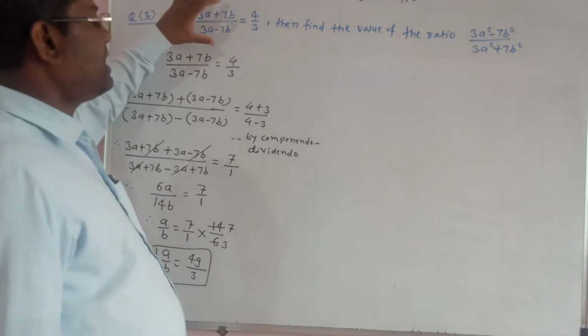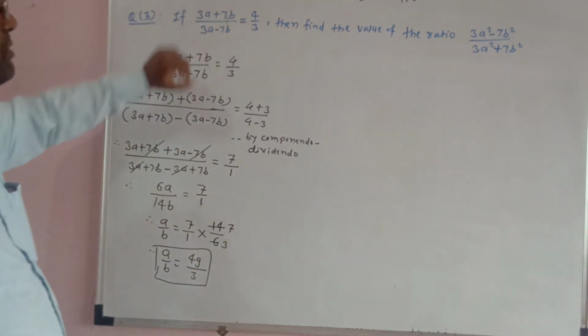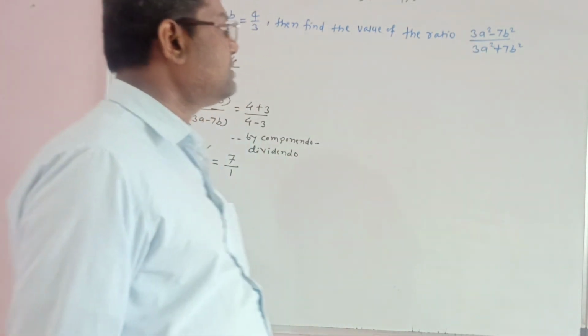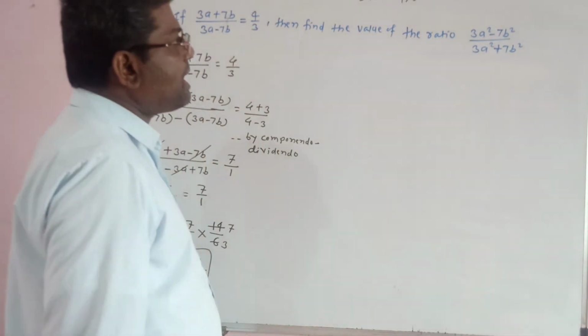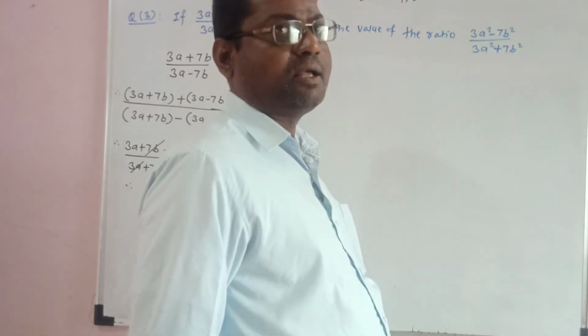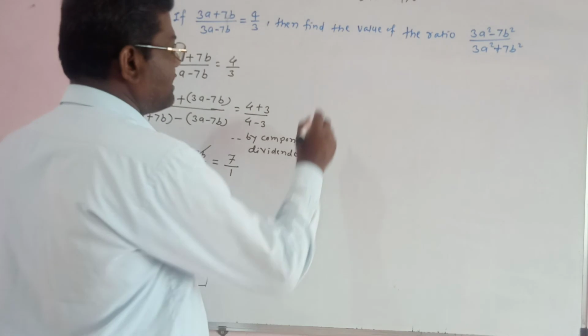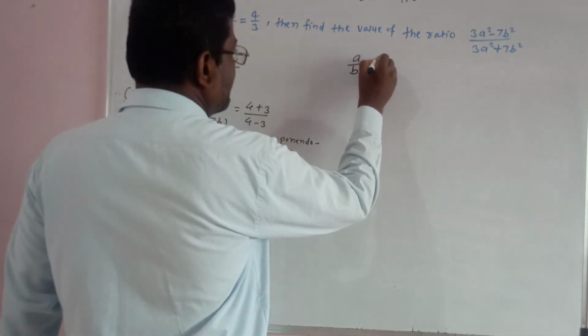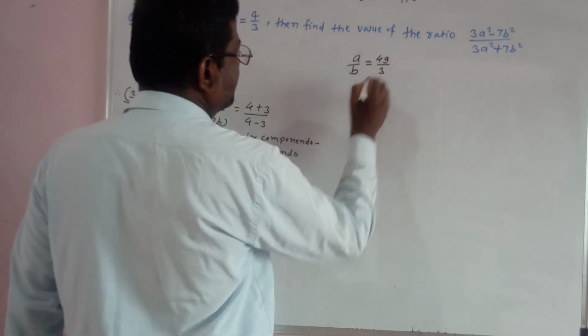This value we have to find from the given ratio, and we have to find the value of this ratio now. And in this ratio we have the terms a square and b square, and here we get a upon b is equal to 49 upon 3.